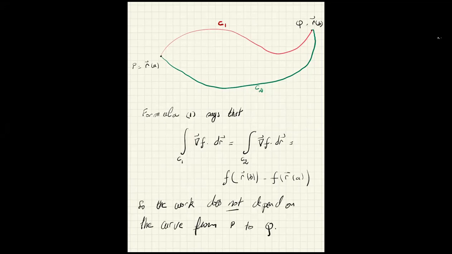In the example, it depended on the curve that we took, remember? But once you have this very specific kind of vector field, it does not depend on the path you take from P to Q, right?